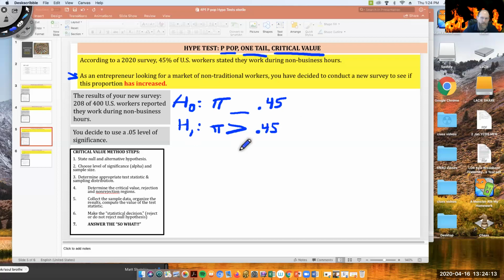And that's why I say it may help you to think about what is my alternative, and do that one first. So if we read this, you have a belief that the proportion has increased from 45, and that would be that right there.